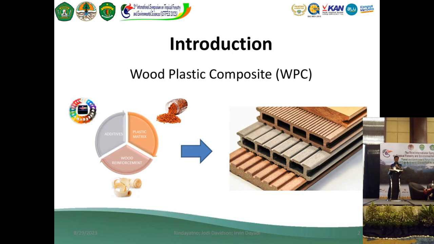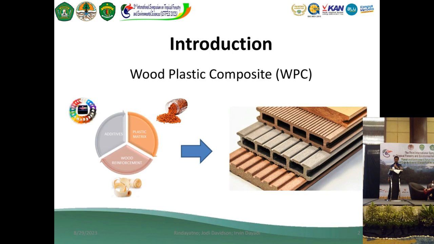First, I will explain about the WPC, or wood plastic composite. WPC is one of the composite products that offer protection for the environment, the rigidity and look of wood, and the toughness and processability of plastic.